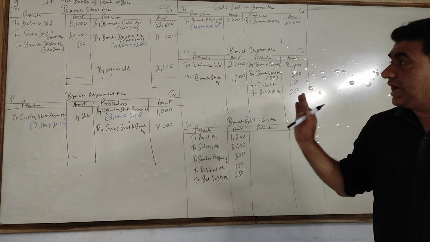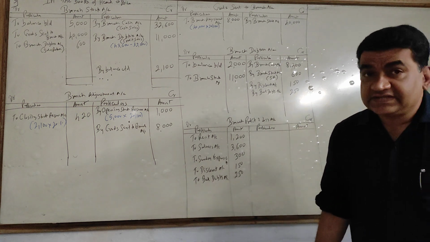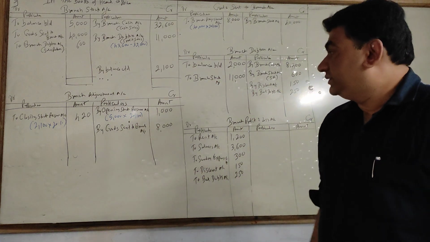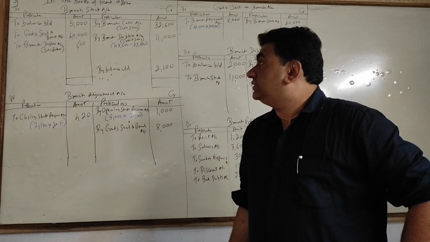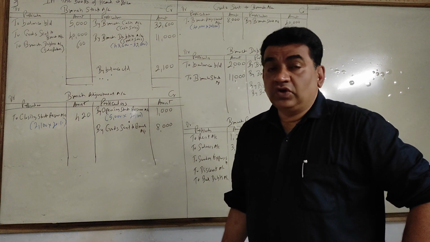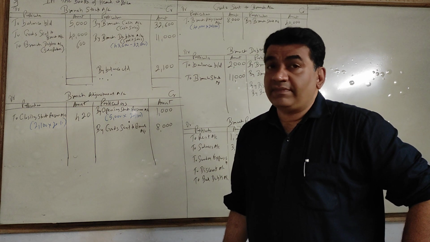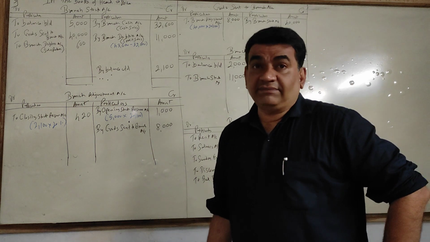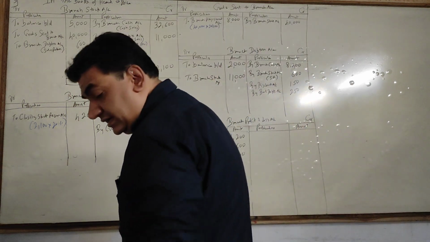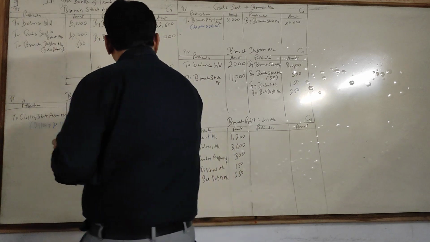Clear? Now understand this very important point. After everything, close branch stock. Now remember, the balance we got in the previous two classes' sums, the effect is different. Here it will be different.